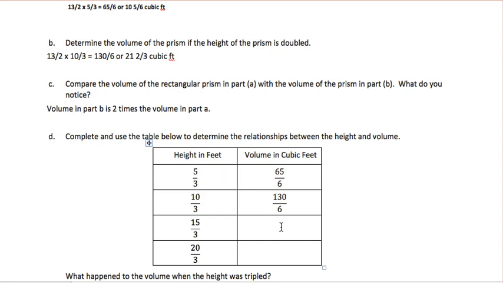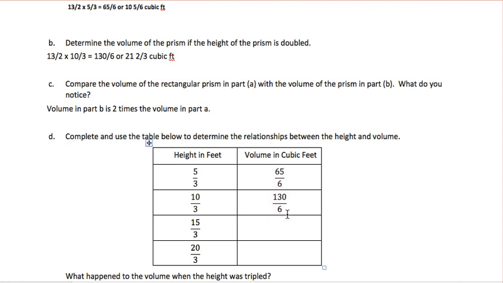Let's complete the table showing those same relationships. If we have 5/3, this was our original volume. Our volume was 65/6.